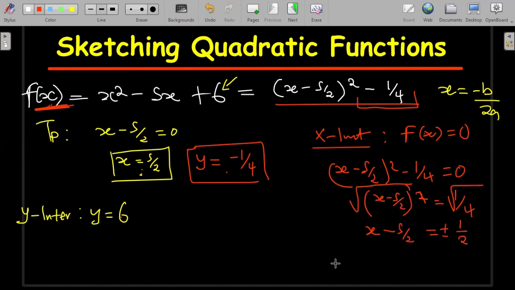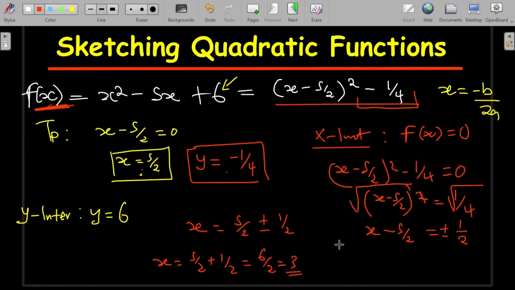So my x will be: this minus 5 over 2 goes to the other side, so it will be 5 over 2 plus or minus a half. If we get the plus, 5 over 2 plus 1 over 2 is 6 over 2, which gives 3.